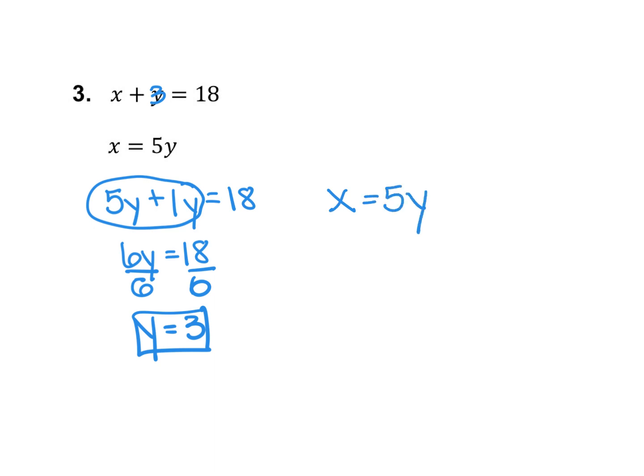We could plug the 3 in for the y. So I have x is equal to 5 times 3. And this one, I get 15 as well. So it doesn't matter which one you plug it into. I plug it into the one that looks a little bit easier.